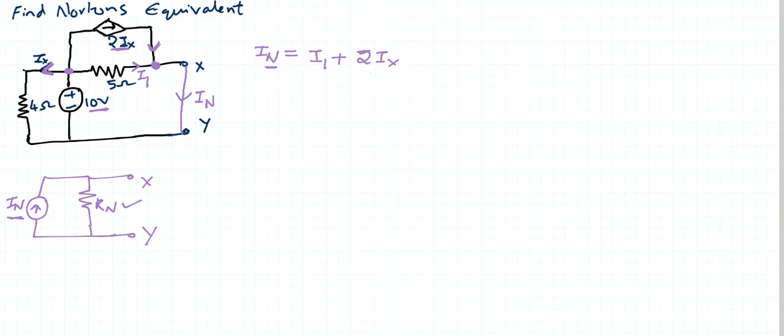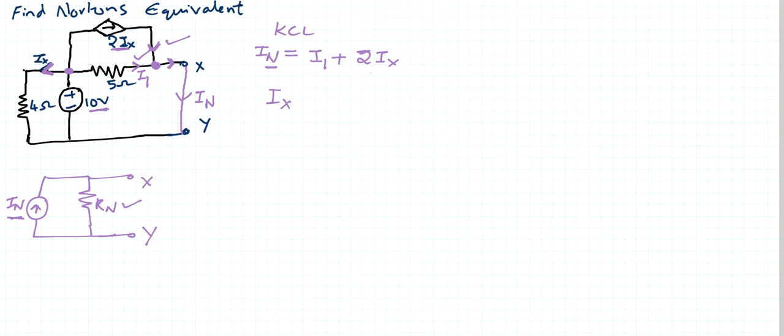Since it is a node, the current leaving the junction is equal to the sum of the currents entering the junction. That is called KCL. So according to KCL, now I am finding this Ix.